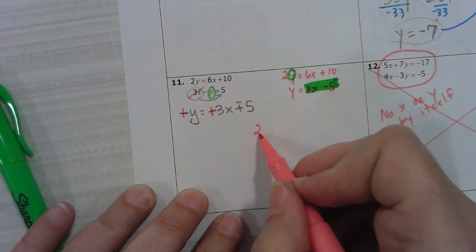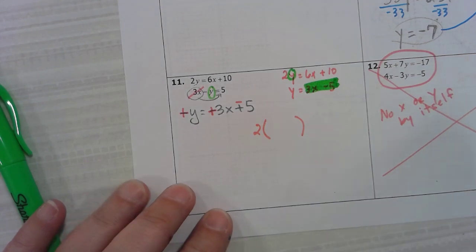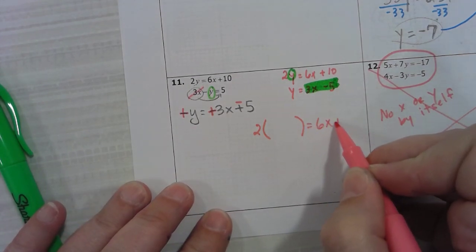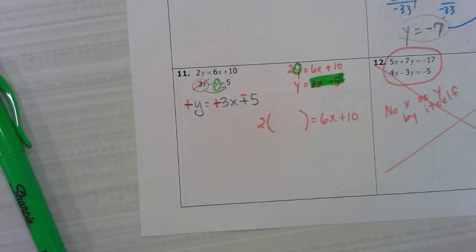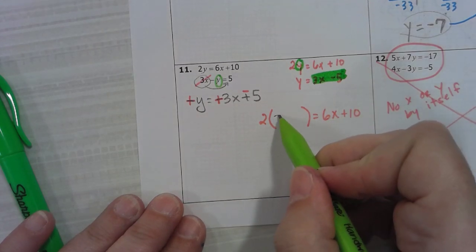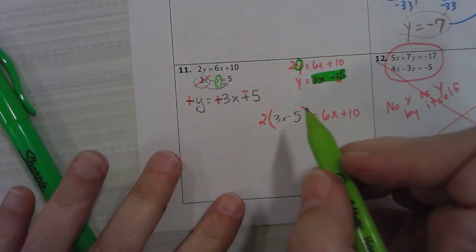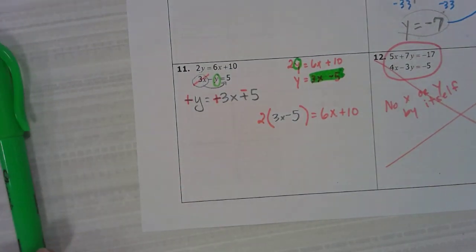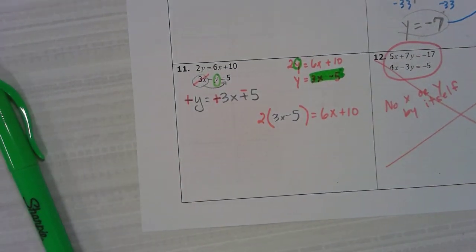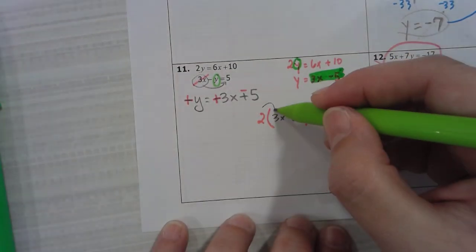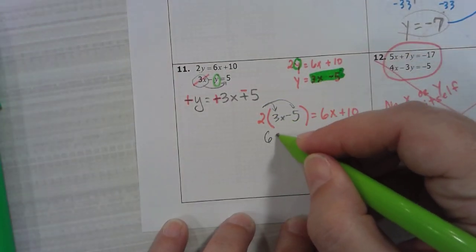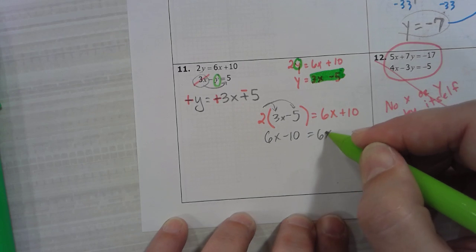So we'll have the 2 with a big old parenthesis equals 6x plus 10. Just rewrite the original equation, shove all that stuff in its place. So distribute: 6x minus 10 equals 6x plus 10.